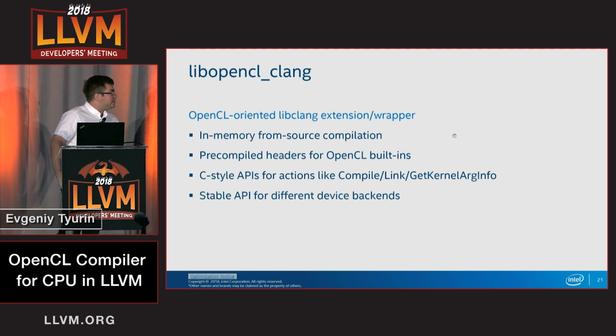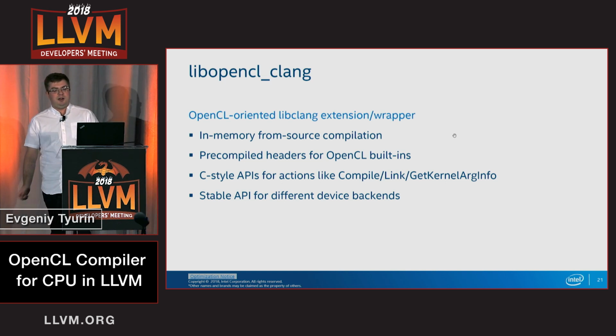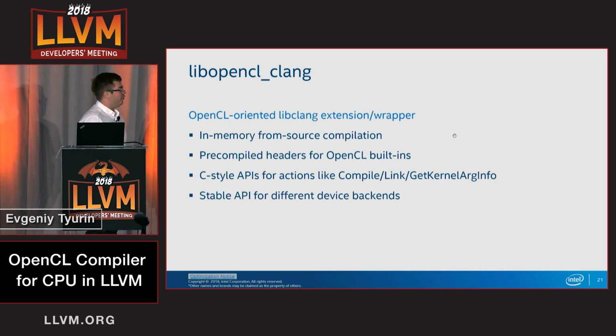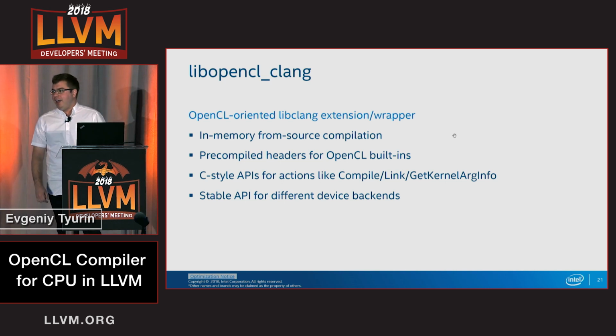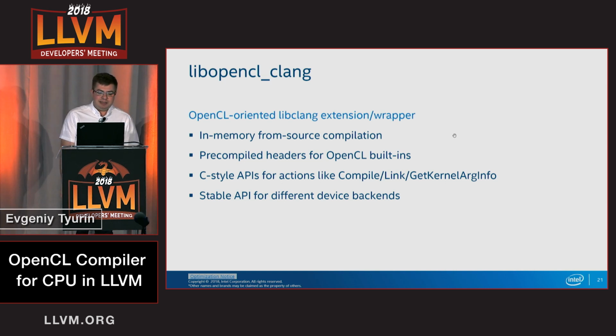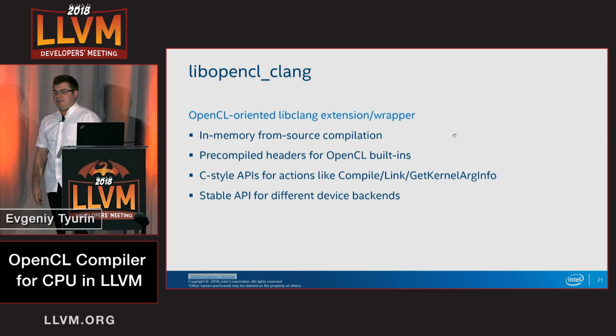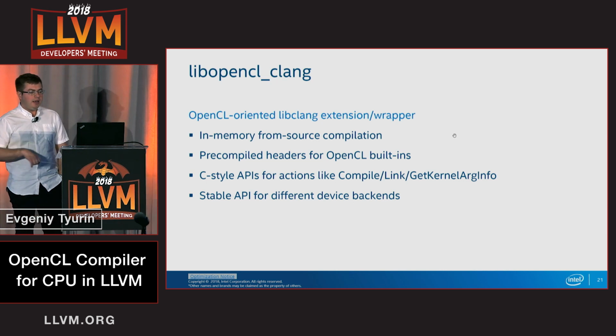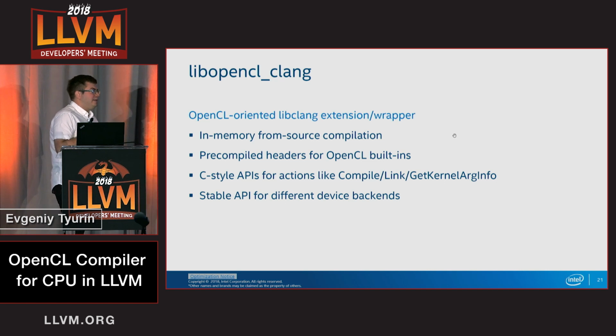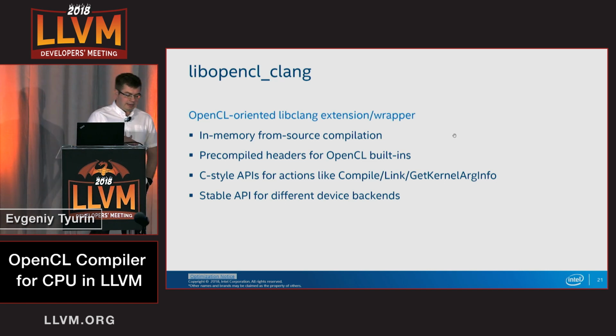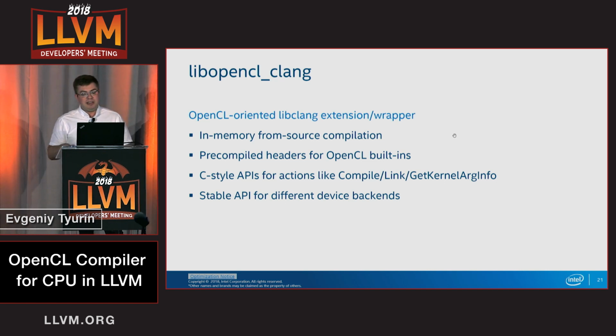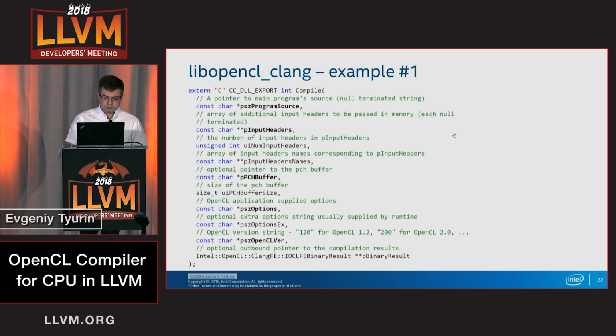It also offers C-style APIs for different actions mandated by the OpenCL specification, like compile, link, get kernel arg info, and different stuff. And it also provides a quite stable API that does not expose any of the LLVM internals, to be stable for different device middle ends to use.